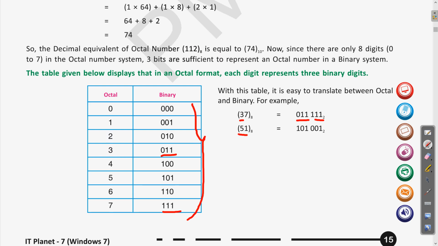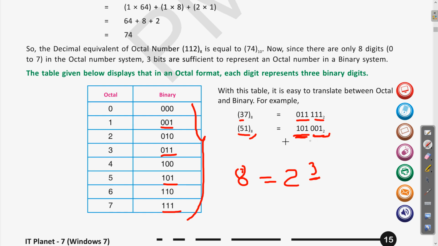In the same way, if you are writing 51 octal to binary, the value of 5 is 101, so 101 is written here, and 1 is 001. As the base is 8, and 8 is 2 to the power 3, clear? So as the power is 3, that is why each digit is written in 3 digits.